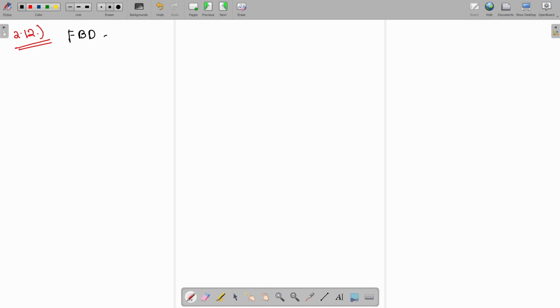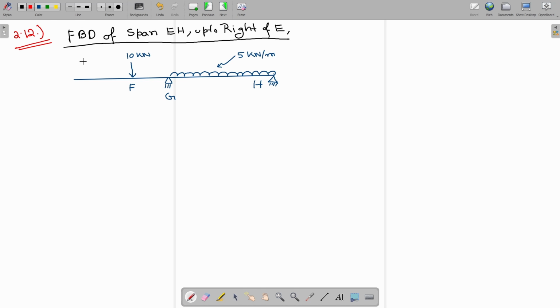FBD of span EH up to right of E. Okay. Now for the diagram, this point is E.